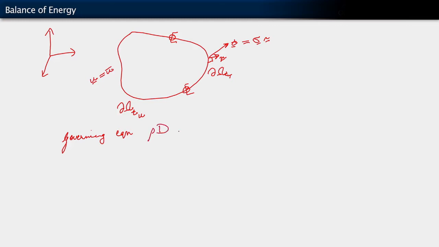I'm going to start using this symbol now, just so that it's shorter to write. Now this involves a derivative of the stresses, and it involves a divergence of the stress.